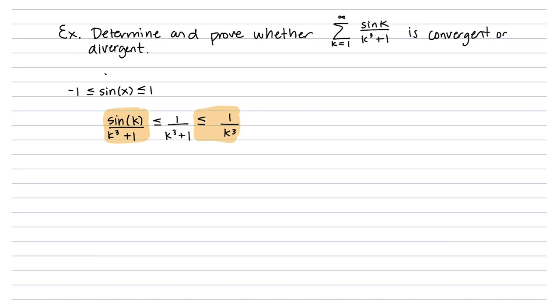So we know our original is less than or equal to 1 over k cubed. And we know that the series 1 over k cubed, k ranging from 1 to infinity, is a convergent p-series.